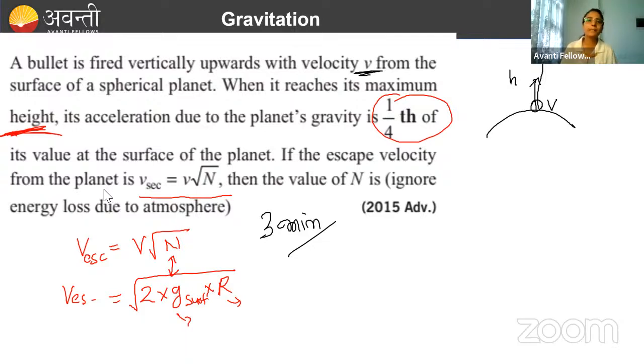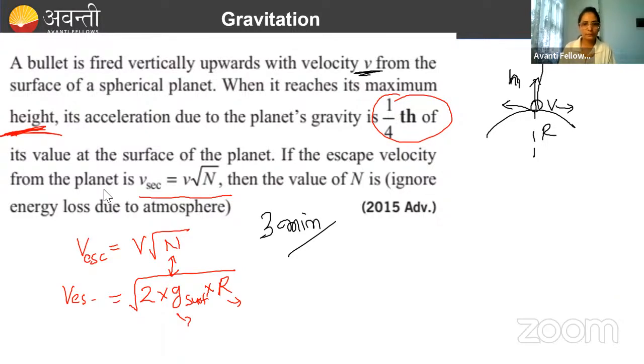So what will happen at the maximum height? At maximum height, its velocity will become 0. If we do the conservation of energy, we will get the value of v from here. But for that we need h. How can we calculate the value of h? From the value of g that is given here. If the radius is given as R, what is the acceleration due to gravity at the surface?